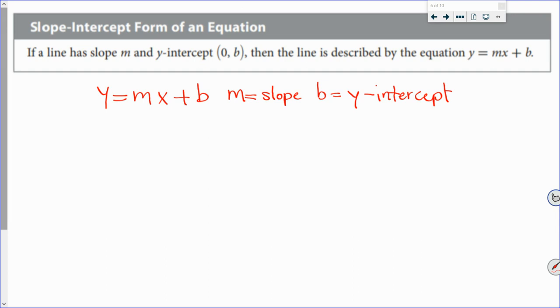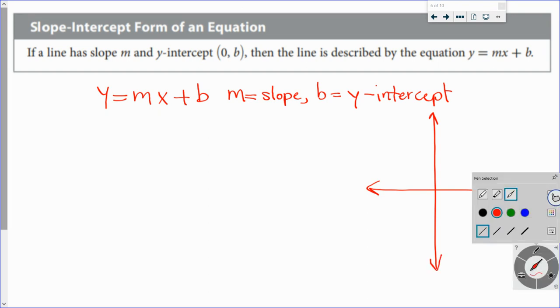Now, it's really important to know what a y-intercept is. A y-intercept, when given a coordinate plane such as the one I just drew, is where the line, the graph of the line, crosses or intersects the y-axis.